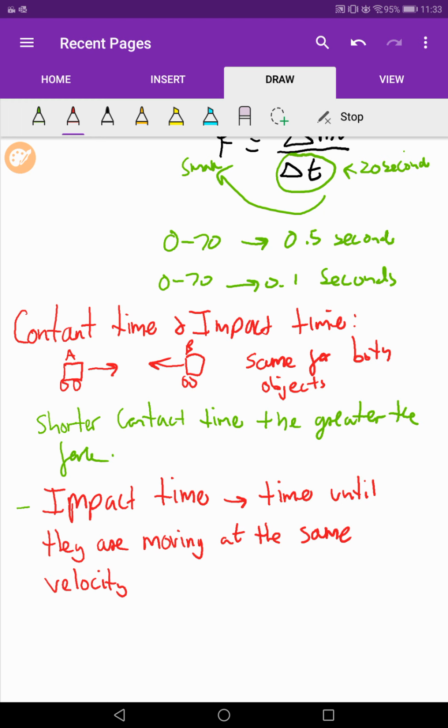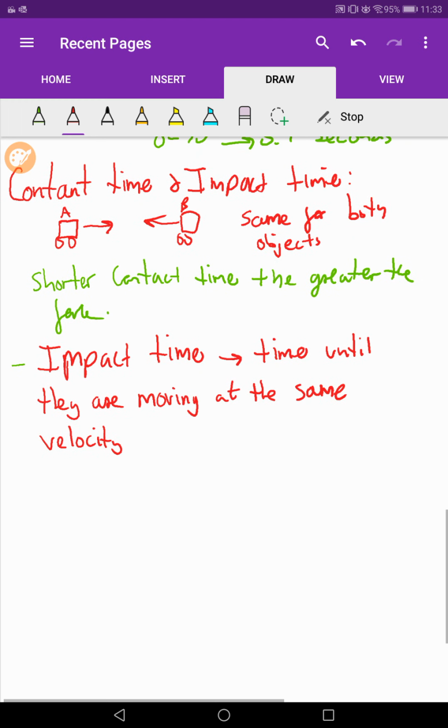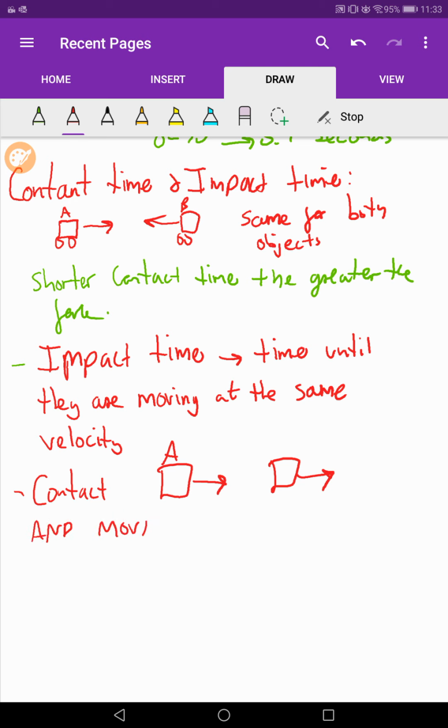The reason we have to make this distinction is because if we have car A going this way that hits car B and they move off together, then you could say they're in contact for, I don't know, a minute.